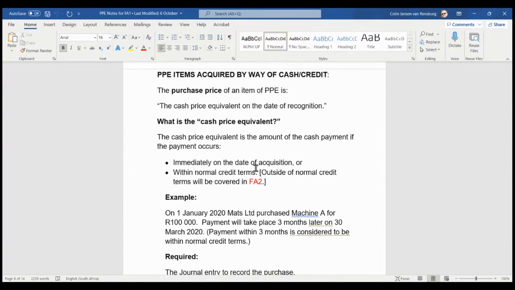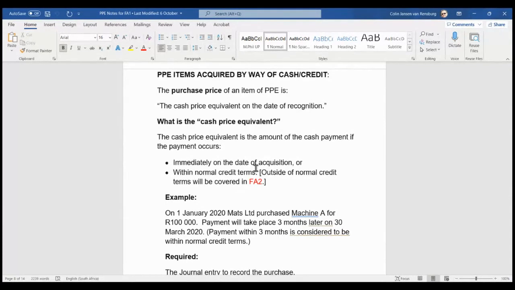The first factor is its purchase price. The second factor, which we also mentioned last week, is something called directly attributable cost, which we are going to discuss in detail a little bit later today. The third possible factor is any certain future cost, which we said we are not going to deal with in financial accounting one yet. We must just know about that.